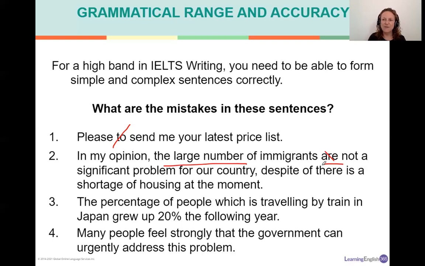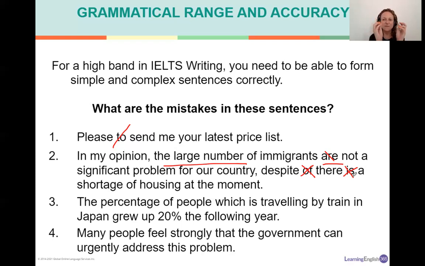And the second problem here is we don't need of, and we don't say is here. It should be being. So, in my opinion, the large number of immigrants is not a significant problem for our country, despite there being a shortage of housing at the moment.